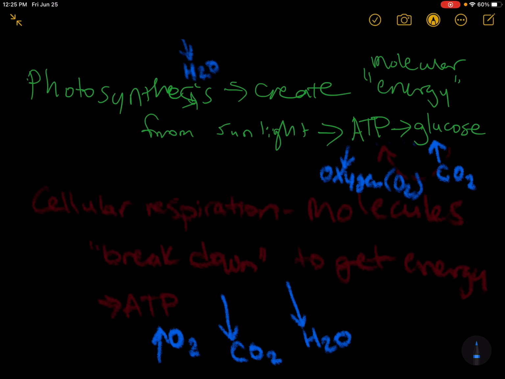And that CO2, as we said, is produced through cellular respiration, which requires oxygen, which probably came from photosynthesis, and also those glucose molecules that are broken down in cellular respiration to build ATP. Those glucose molecules were at some point made by a photosynthesizing organism, most likely.